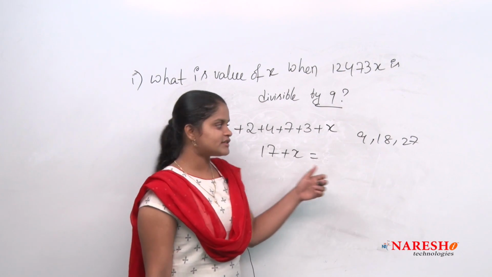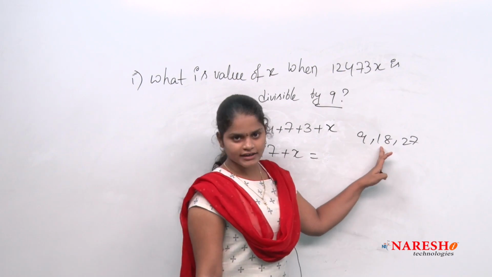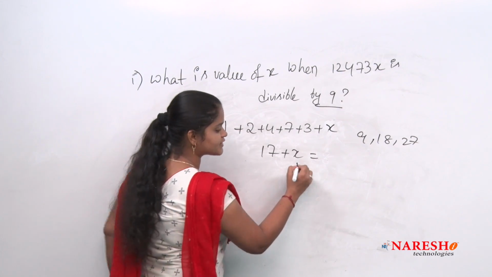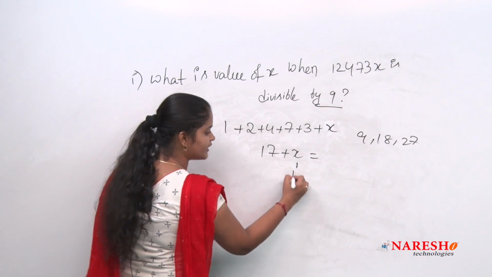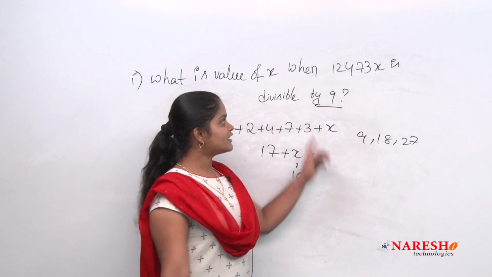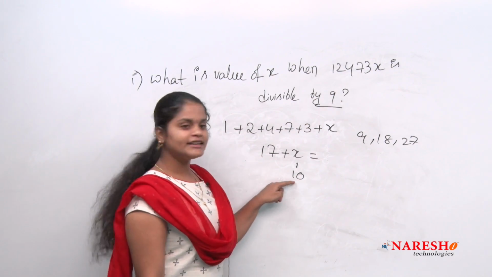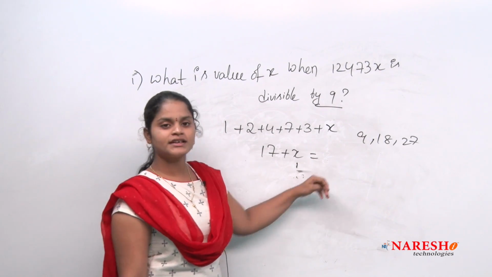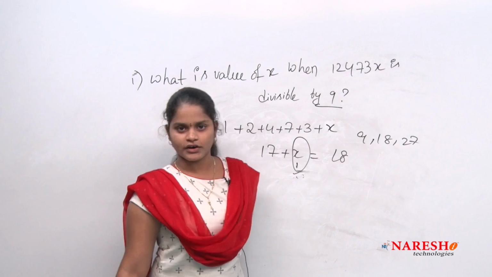I can't go for 9 because I would have to subtract, and this is addition. 18 I can go for. When I go for 18, the value of x will be 1. If I go for 27, the value of x will be 10. But x is a single digit number, so I can't take a double digit number. So the only option is 18. So what is the value of x? 1.